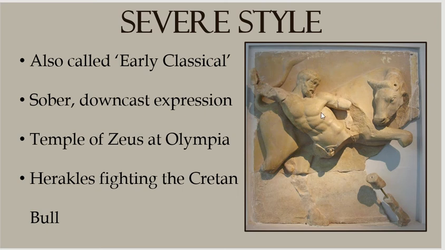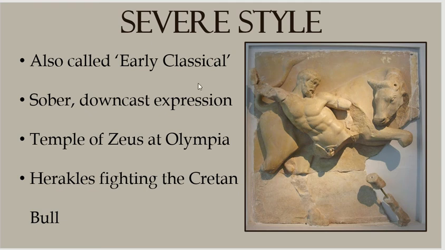And he does have a fairly sober and somber expression looking down at the bull. It's interesting that in this time period, these action and heroic scenes, they specifically chose this after he was already kind of at the end, like he has the bull and is going to win.